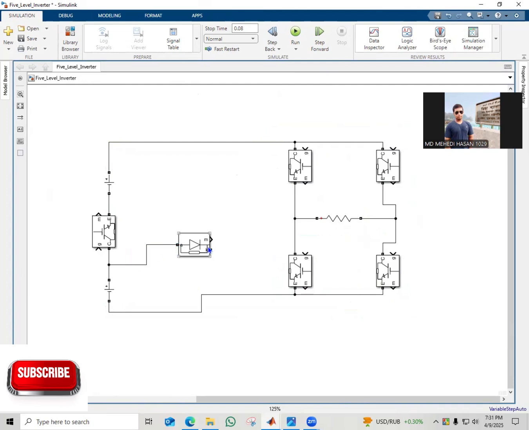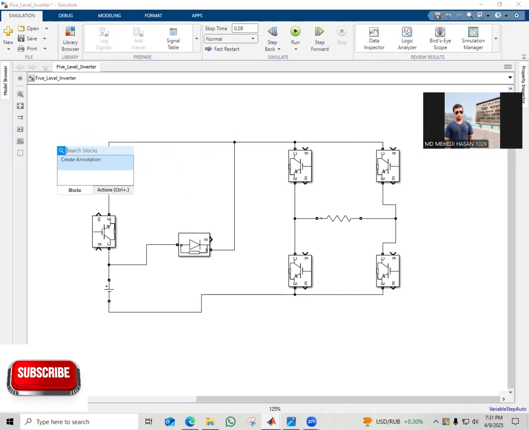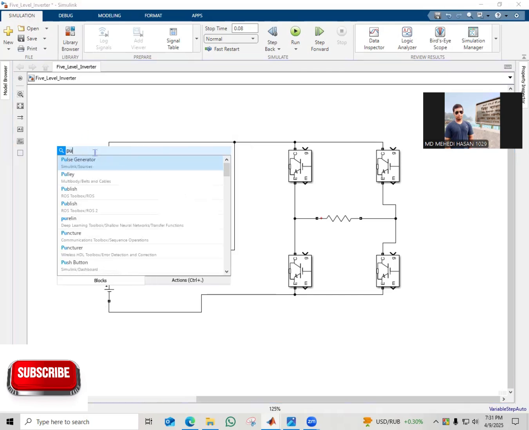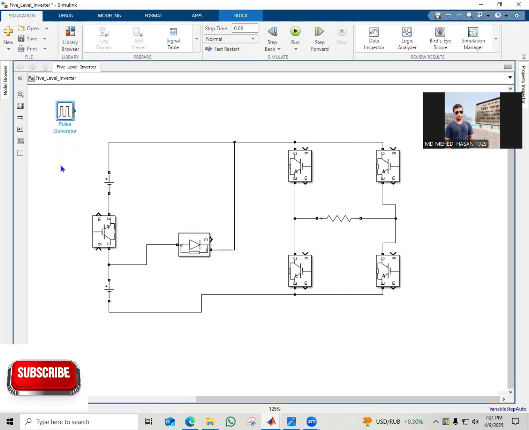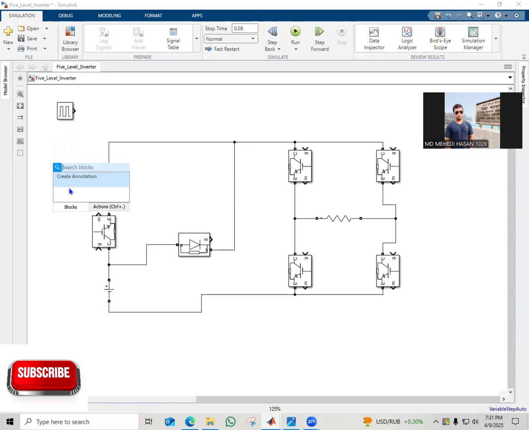Now connect this diode here. Okay. And here, this is the most important part, that is, applying the pulse generator function. So we are applying a pulse generator and we also need an OR gate.